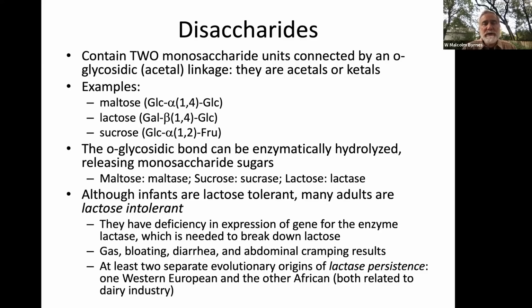One of those origins is in Western Europe, and the other is in Africa. And both are related to the dairying industry. In other words, it arose in populations that had cows and carried out dairying and depended on cow's milk.